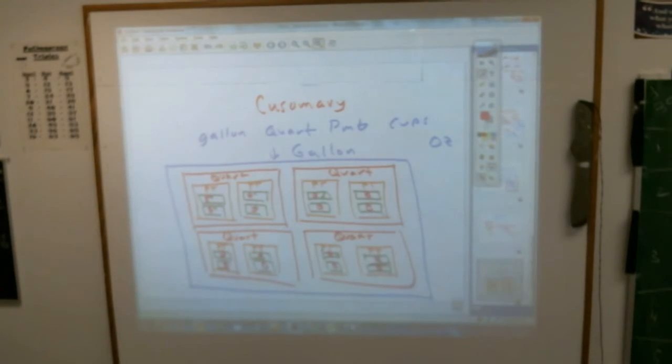Back in the day, a cup of pop would just be, I don't know if I can have one. Yeah, here it is. Okay. Here is your cup of whatever, 8 ounces.